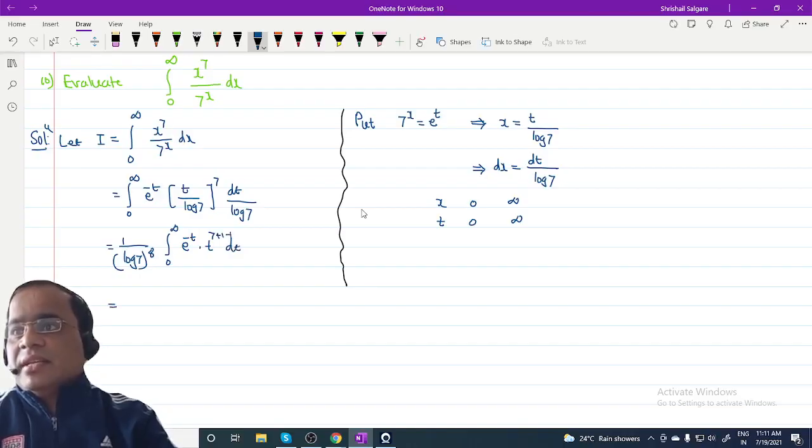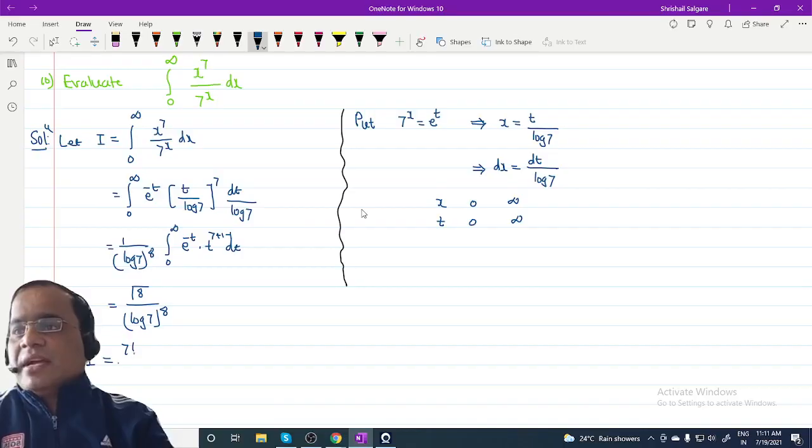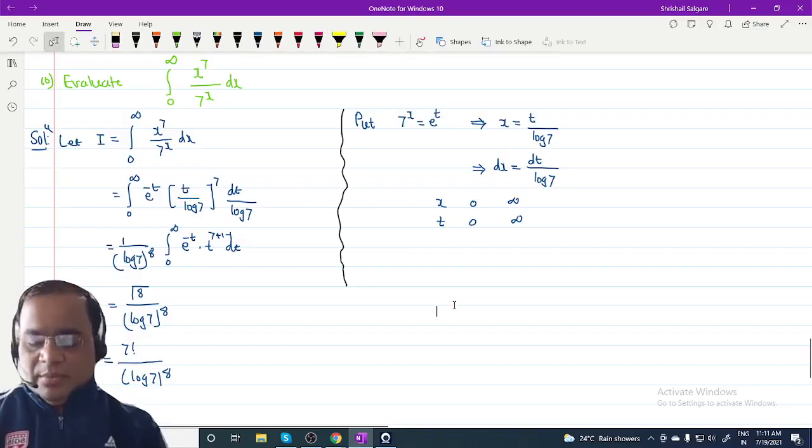So the answer is gamma of 8 divided by log 7 raised to 8. And gamma of 8, we know what the value is. It is 7 factorial divided by log 7 raised to 8. Yes, can anyone tell me what is 7 factorial?